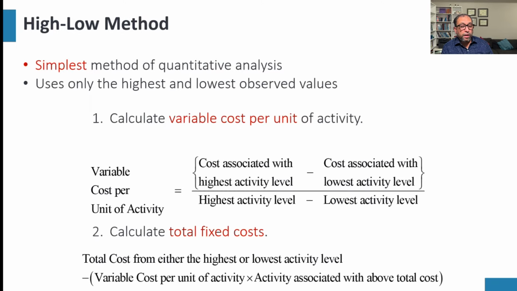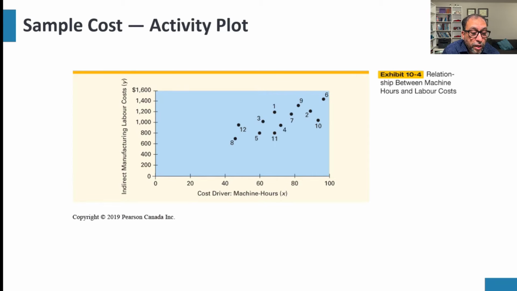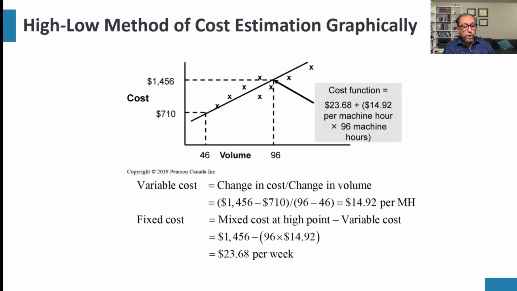In our case, we see here that the highest cost is around 1400 and the activity level is around 95 or 98, just reading this graph. The lowest one is around 700 and around 43.